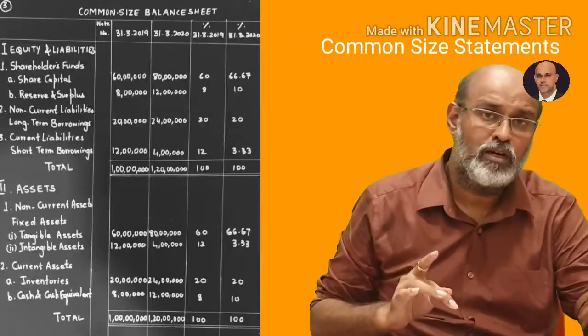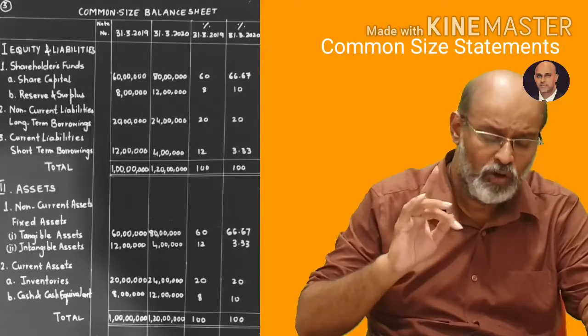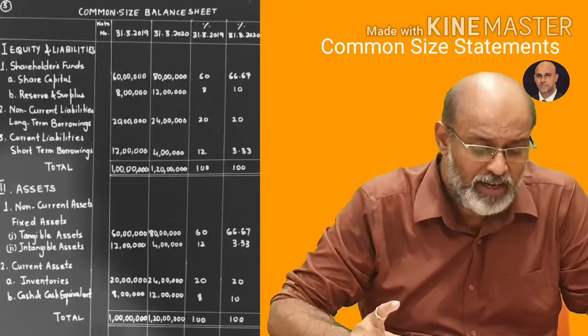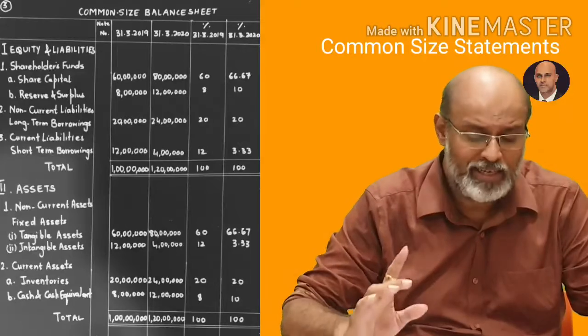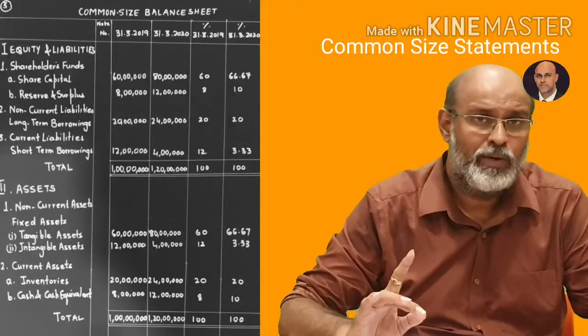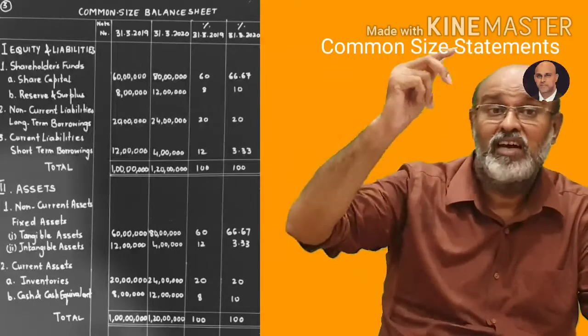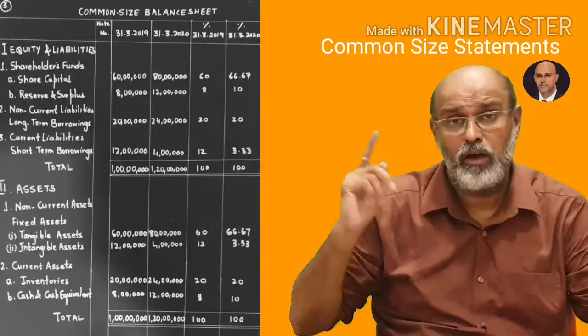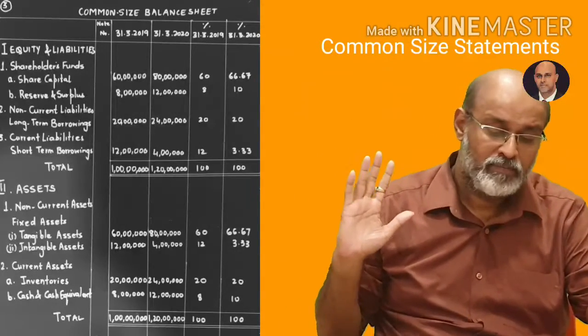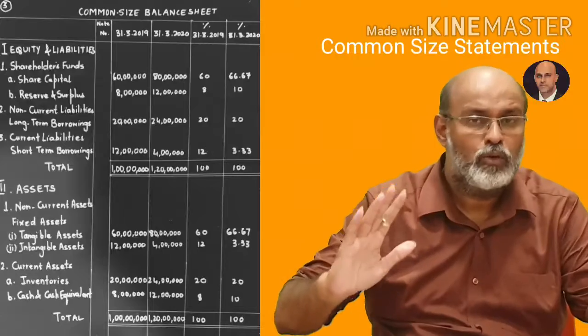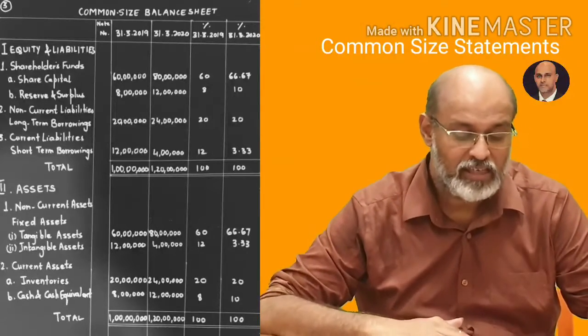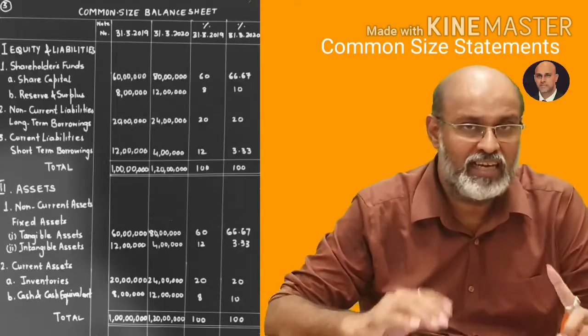Now let us come to the current assets of the previous year, where the inventories are 20 lakhs. So it will be 20 lakhs divided by 1 crore multiplied by 100. Okay, so that will give you 20%. And then cash and cash equivalent is 8 lakhs.